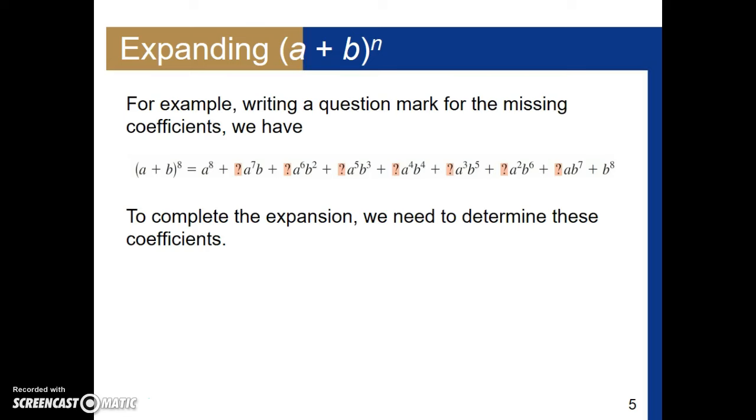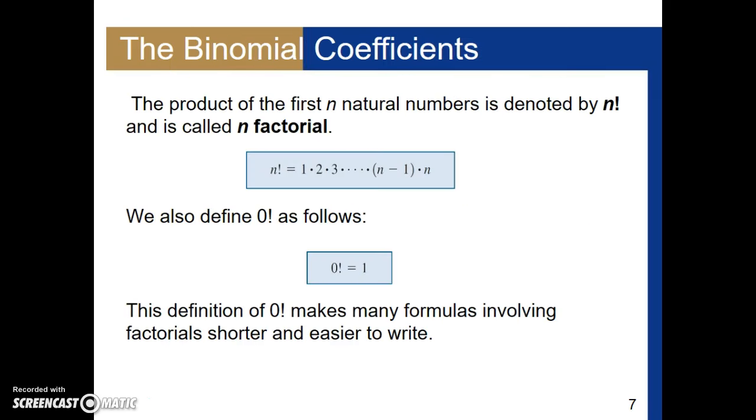What gets a little bit more involved is how we come up with those numerical coefficients that go along with the number n. So we're going to have to determine those coefficients, and the binomial coefficients involve factorials. Factorials are a shorthand way of writing consecutive numbers that are multiplied by one another.